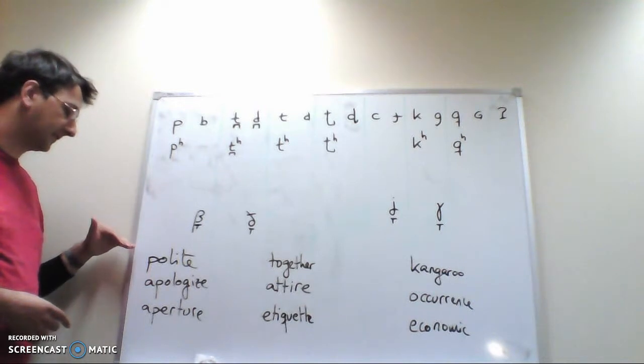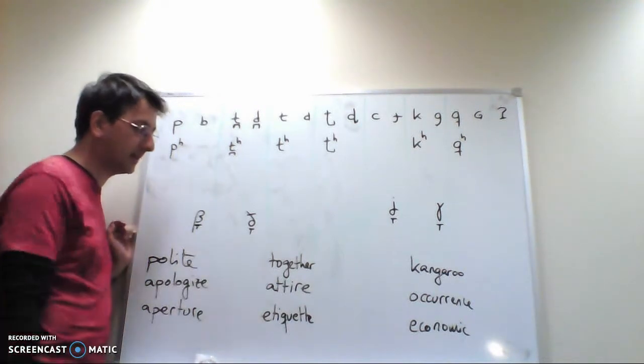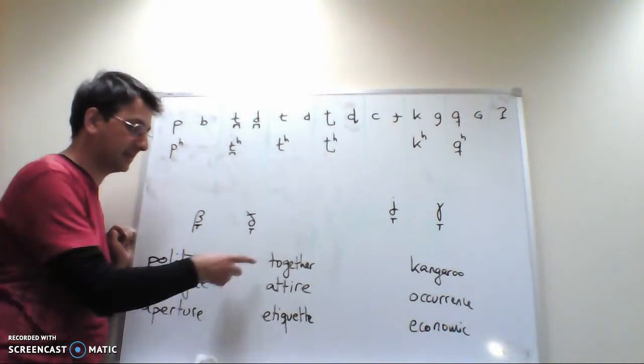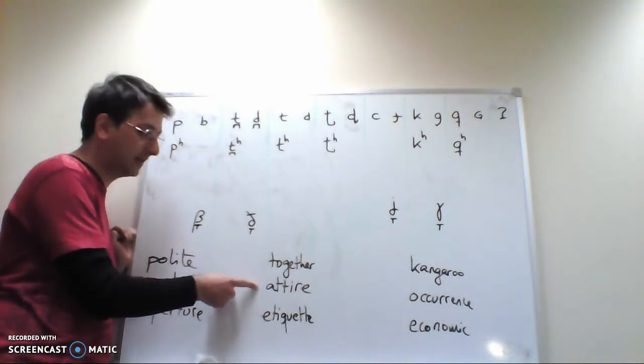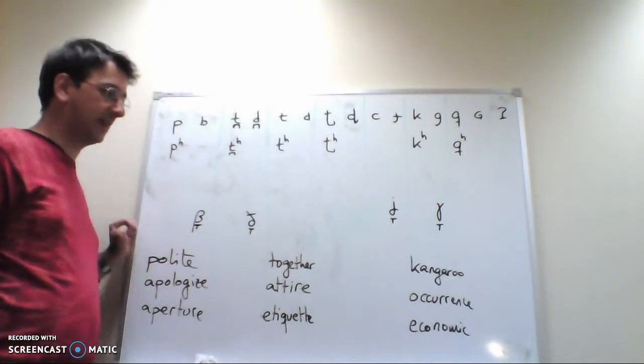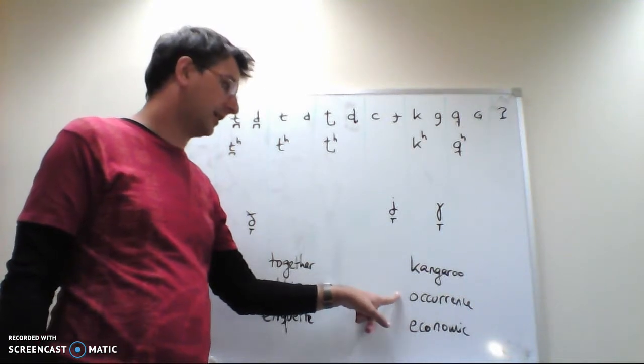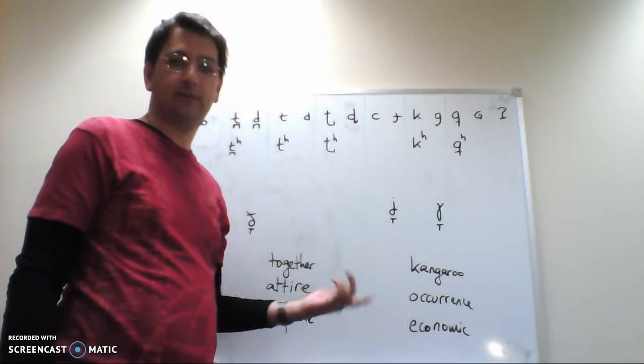It's not the beginning of a foot. And the same happens for T, like in together or attire, but then you get etiquette without aspiration. And then you get kangaroo, occurrence, but economic, right?